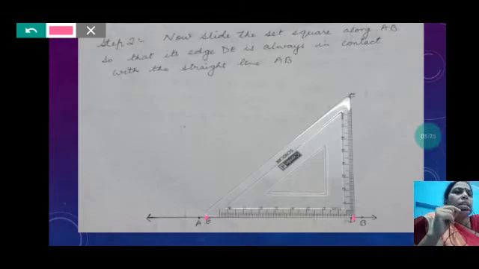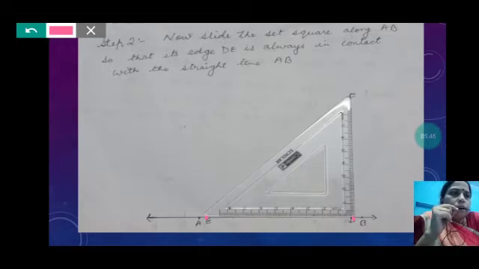Now slide the set square along AB so that its edge DE is always in contact. You will find this DE in contact with the straight line AB.